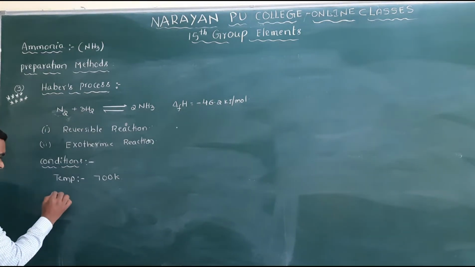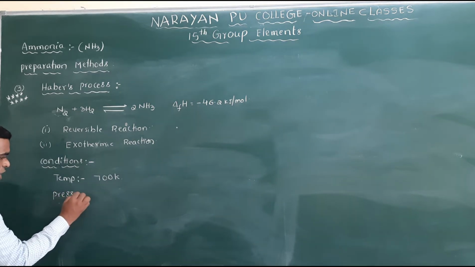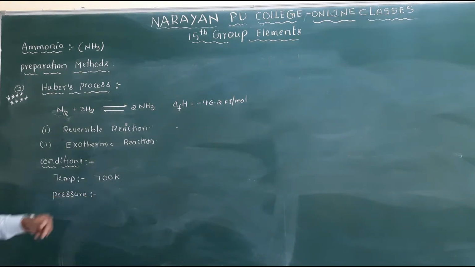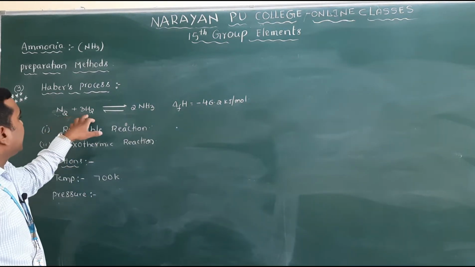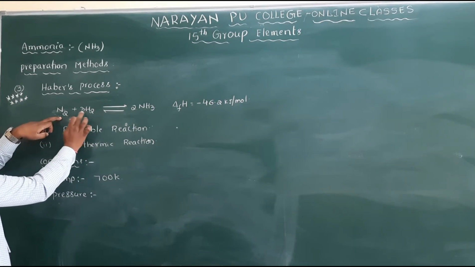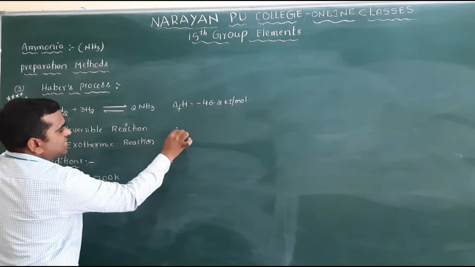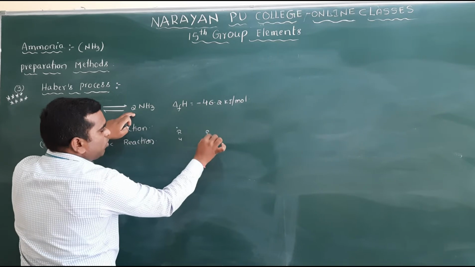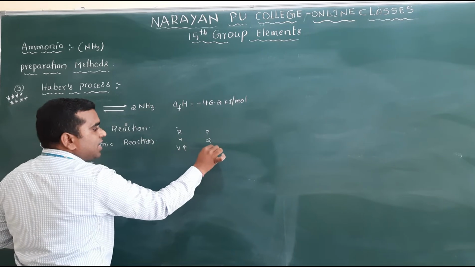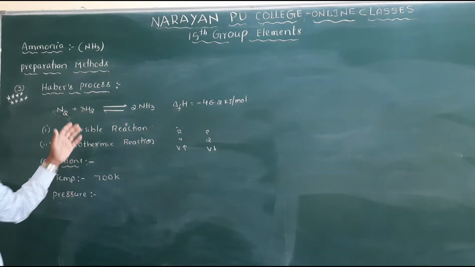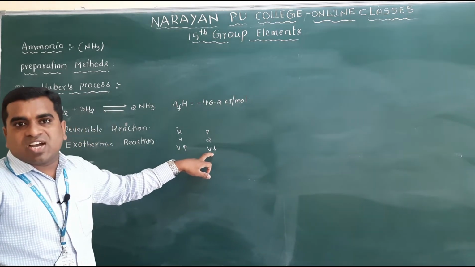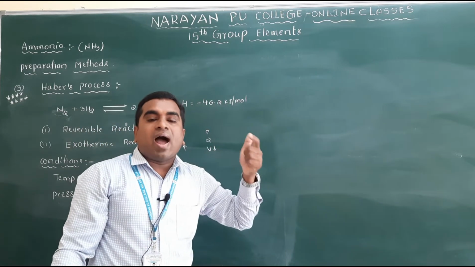Then the next one is pressure: how much pressure you have to maintain to get a high yield of NH3. Total moles on the reactant side are 4, that is 1 plus 3, and on the product side there are 2. So the reactant side volume is higher and the product side volume is lower. Since the forward reaction occurs with a decrease in volume, according to Le Chatelier's principle you have to apply high pressure.